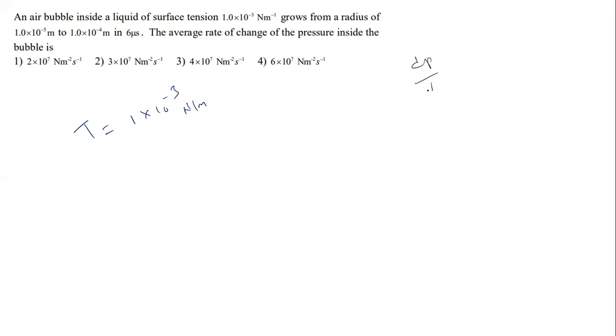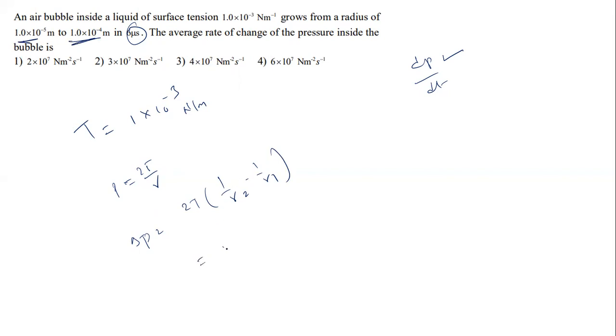They are asking for dP by dt. dt is already given, so we need to find the pressure change. For a bubble, the excess pressure formula is 2T by R. So delta P is equal to 2T times 1 by R2 minus 1 by R1. R1 and R2 are given.